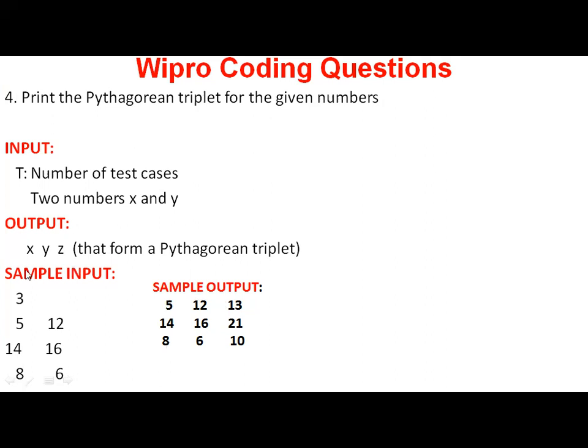Here only two numbers are given. So the third number we need to identify. And if we consider the sample output, we can get the logic from this. So how can we identify the logic here?